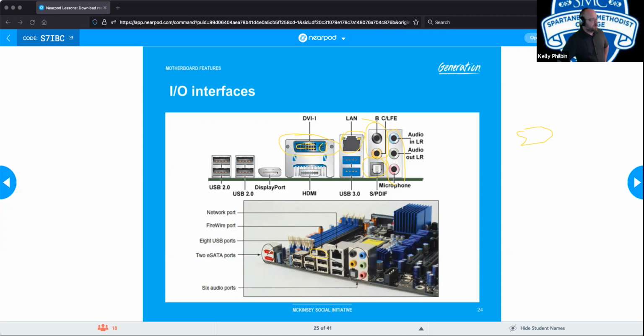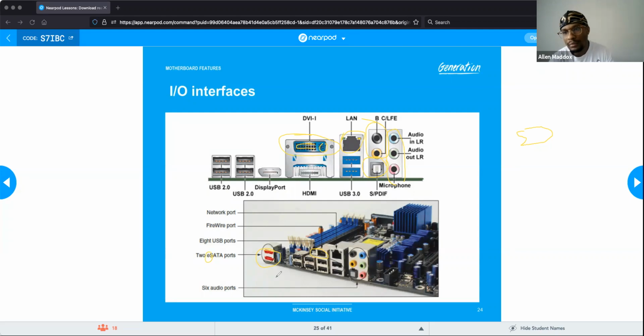Also, over here, these little red connectors, they're also L-shaped connectors. They are SATA connectors, but SATA is only internal. These are identified as eSATA. Any ideas what the E stands for? External.